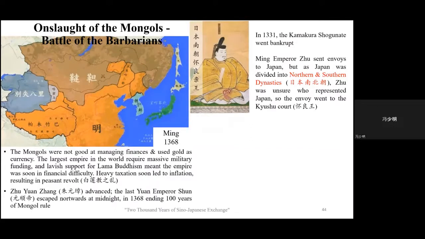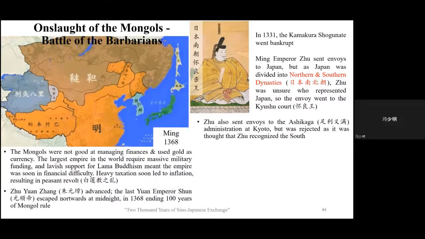In Japan, it was now divided into the northern and southern dynasties. So in China, about 700 years ago, we had the Chinese northern and southern dynasties. Now we have Japan also divided into the Japanese northern and southern dynasties. Zhu Yuanzhang sent envoys to both sides because he wasn't sure who would represent Japan.